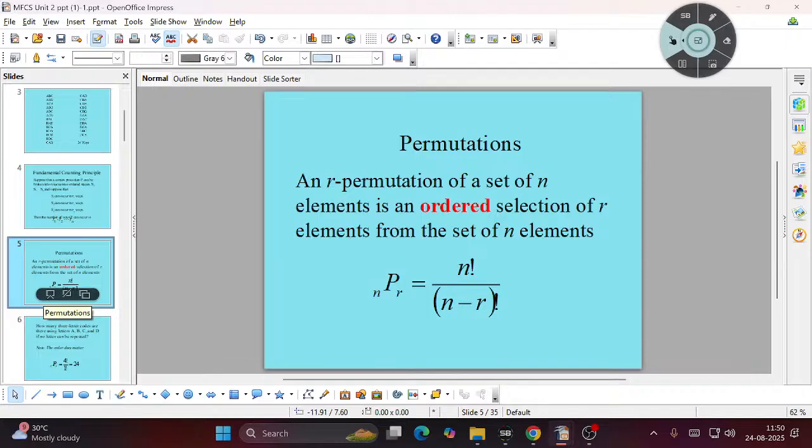Ordered means what? In one order, not randomly, right?